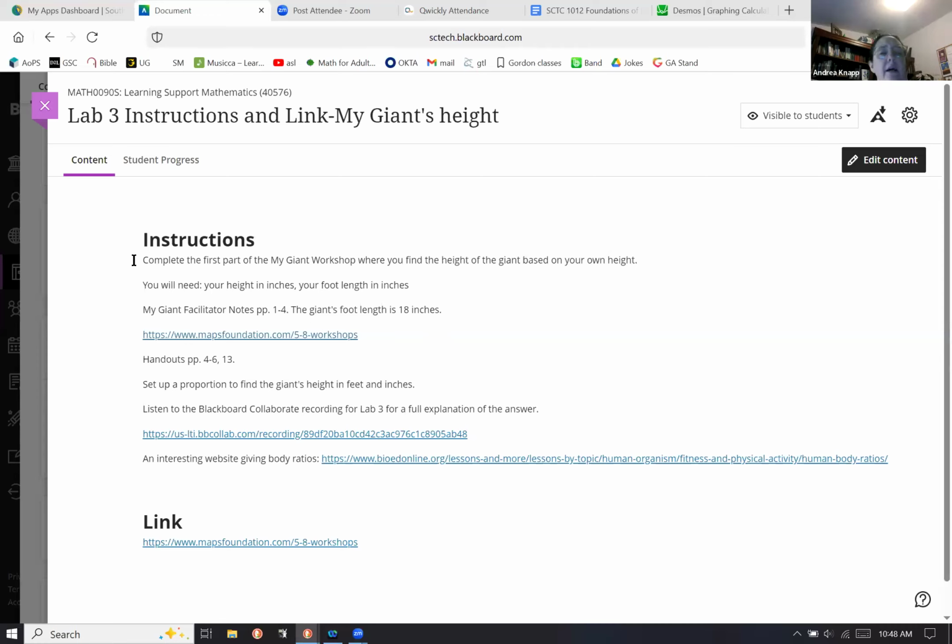if we open lab 3, it shows you where that lab is. We're going to go to the facilitator notes, pages 1 through 4, and the handouts 4 through 6 and page 13. So let me click the link and show you how to get there.